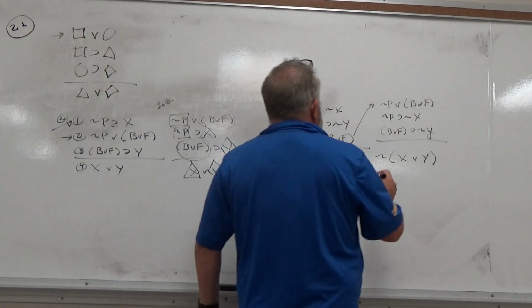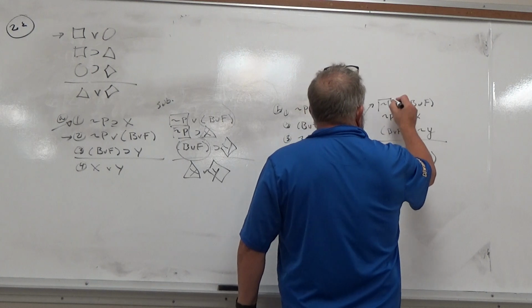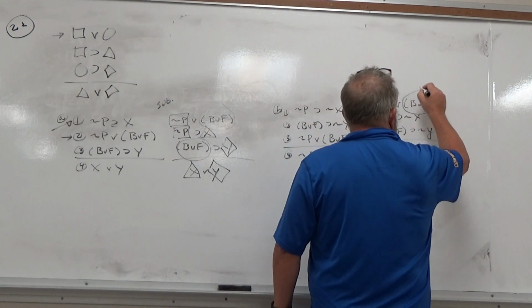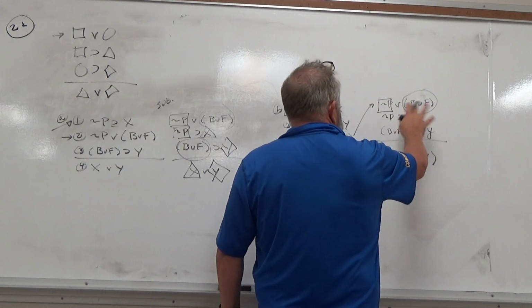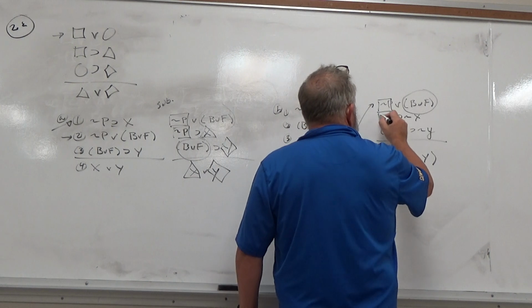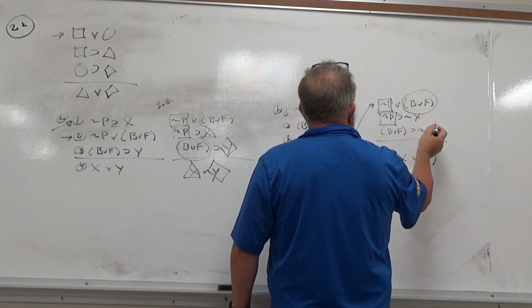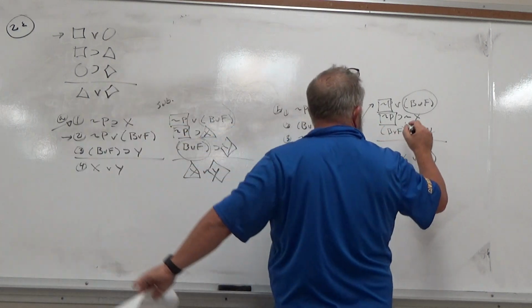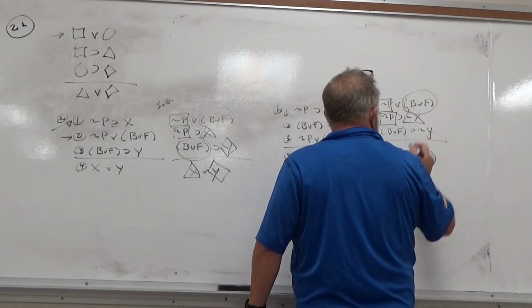So in order to try to match the structure, I need to let the not P be a box, and I need to let all this be a circle. So wherever we see these things, we have to assign box and circle respectively. So not P is a box. Then not X, that's something new. Since we're trying to match this, let's let it be a triangle.